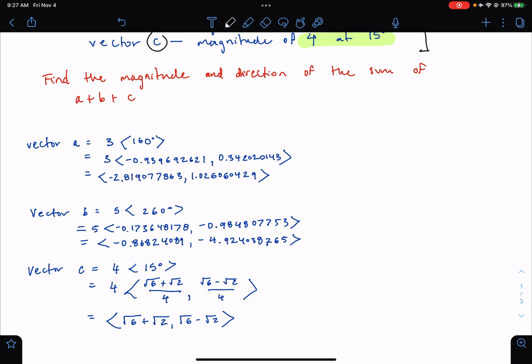I made sure that my calculator was in degree mode, and I just plugged everything in.